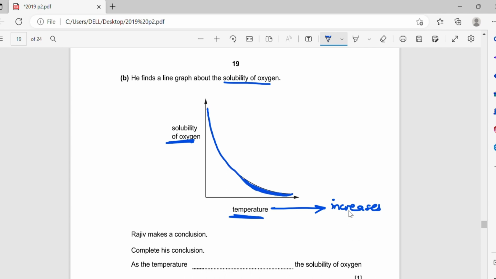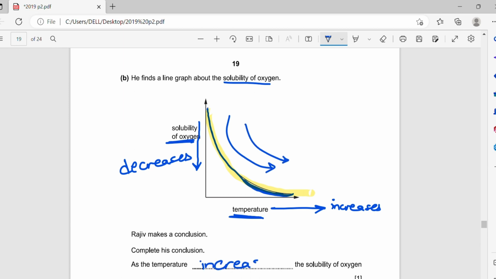What happens to the solubility? It decreases. So as the temperature increases, the solubility of oxygen decreases.